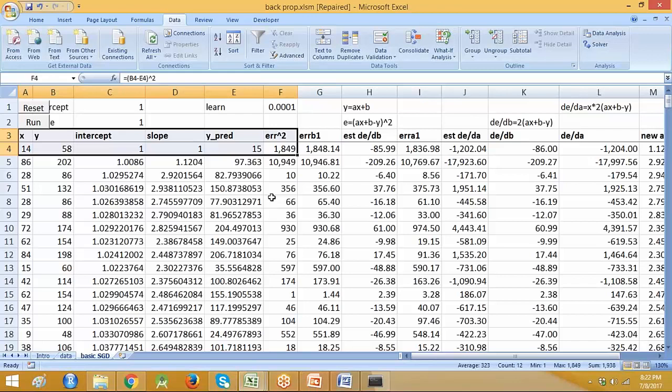Change the intercept and slope values in order to minimize the error. Is that clear for everyone?